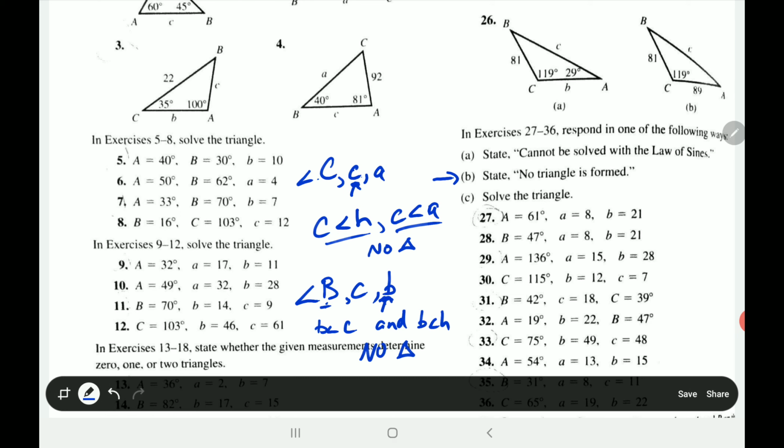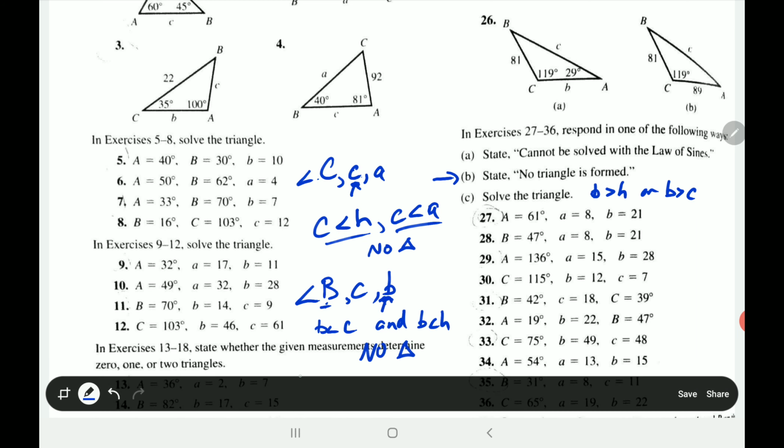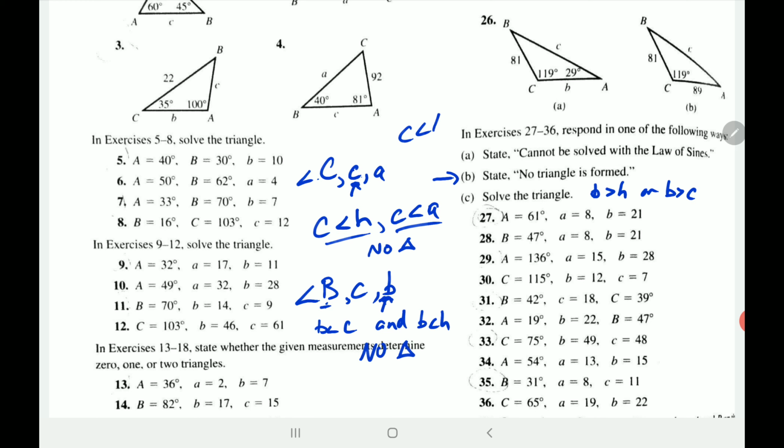All right. Now, if B is greater than H, or B is greater than C or A or whatever side they give us, or in this case, is C greater than H? It says greater than.